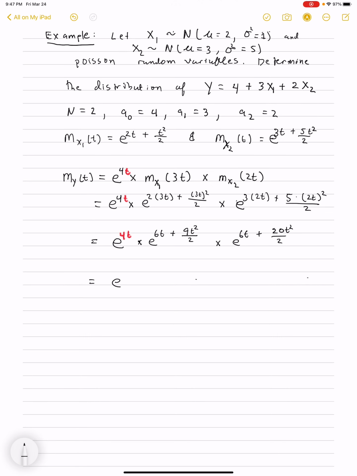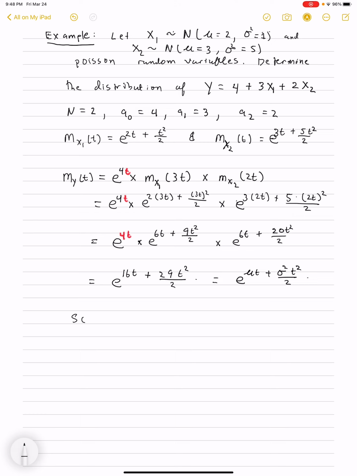This will be e to the 4t plus 6t plus 6t, so this will be 16t, plus, we can combine the t squared terms, so 29t squared over 2. And we have now the moment generating function. This is exactly the form of e to the mu t plus sigma squared t squared over 2.